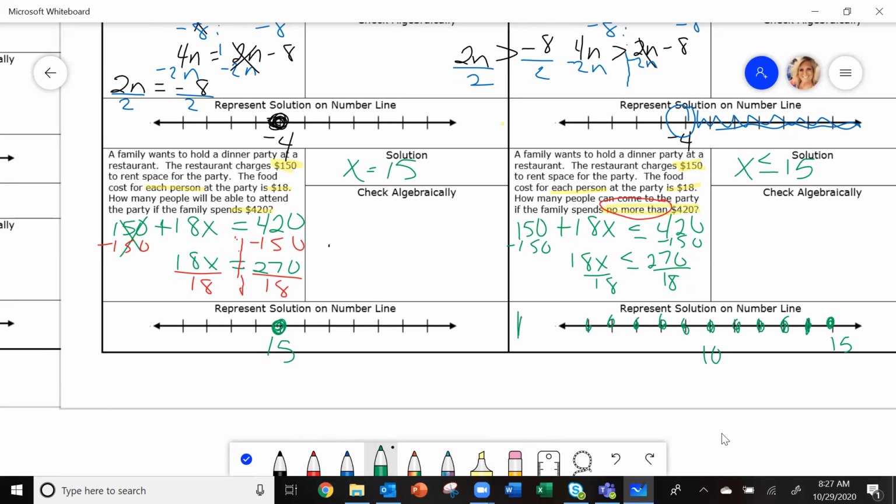And you'll go all the way down to 0, right? Because the dots will only go between 0 and 15. One, it's dots because it's discrete, because you're talking about number of people. Two, you can only go down to 0 because you can't have a negative amount of people. And this is something that they may ask you on the STAR test or on your test to see if you know the difference between discrete and continuous.